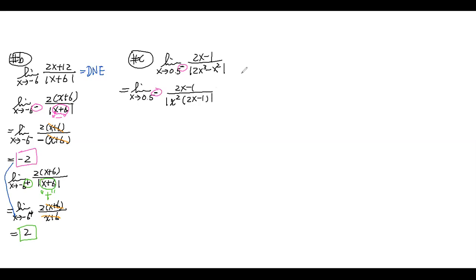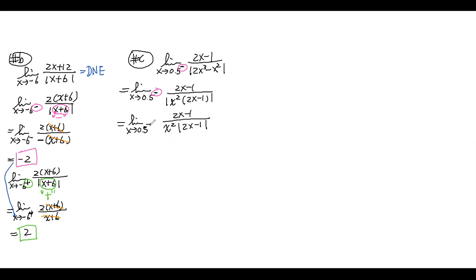Because x squared is always positive, I can move the x squared outside the absolute value. It doesn't matter, because x squared will always be positive, so I can move that out.